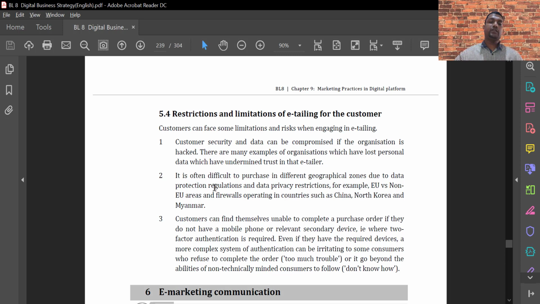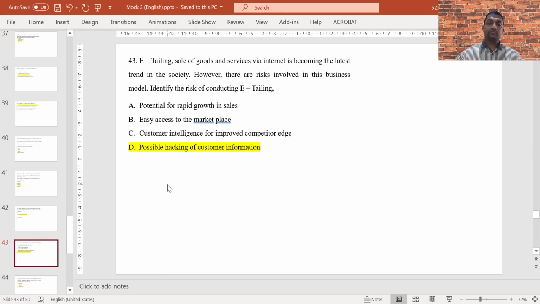There are certain limitations and risks as well, and one of the main things is the vulnerability that when the information is online or on the server, there can be attacks, and hackers may hack the information and take it out. So possible hacking of customer information is one of the risks when retailing is conducted online. Right.